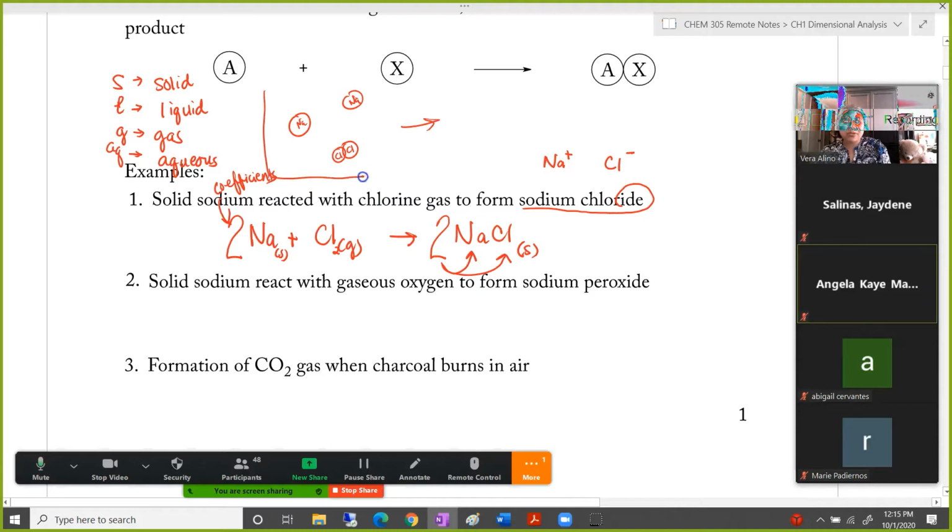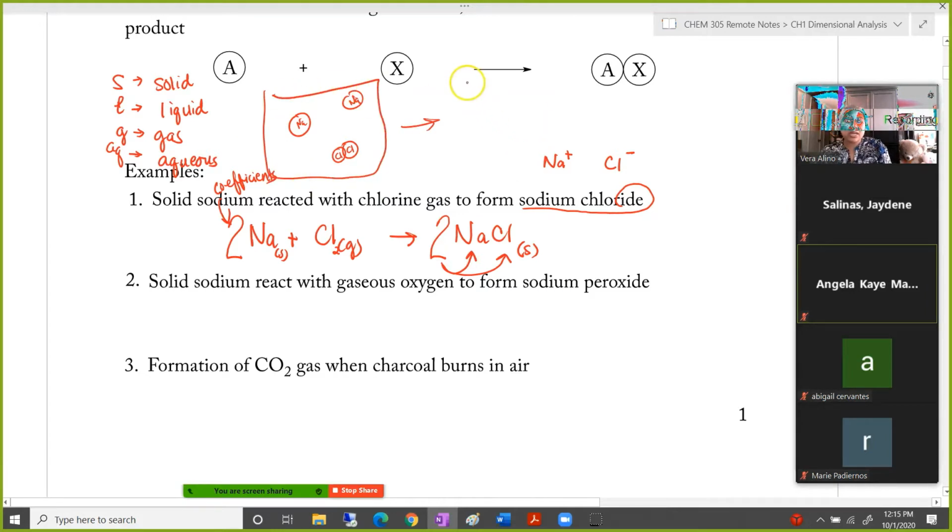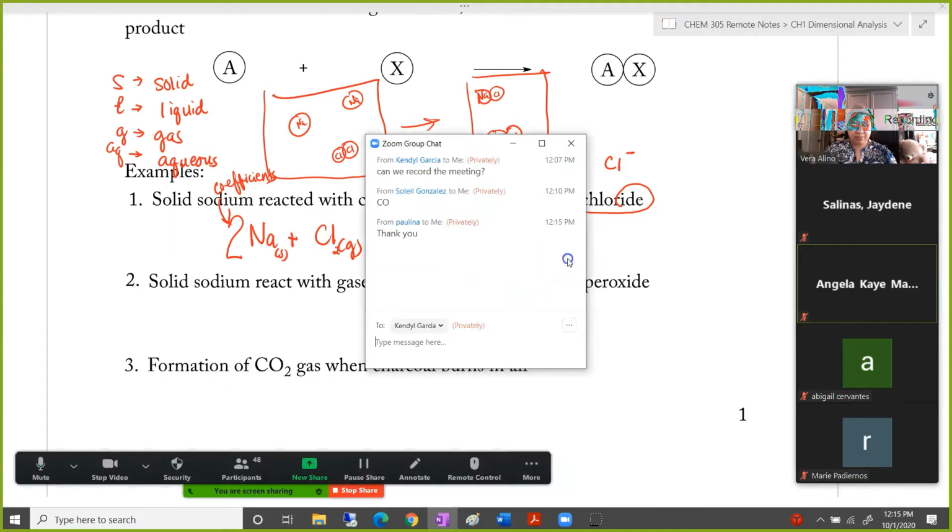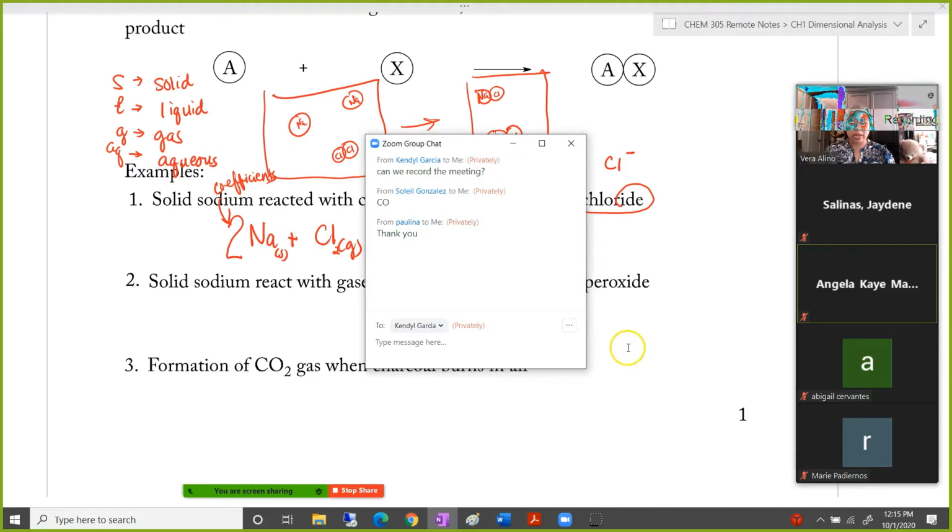After the reaction, if you let the reaction proceed, it's going to form compounds, 2 molecules of sodium chloride. In the beaker, this is just a schematic representation of what it looks like in a more picturesque kind of way.